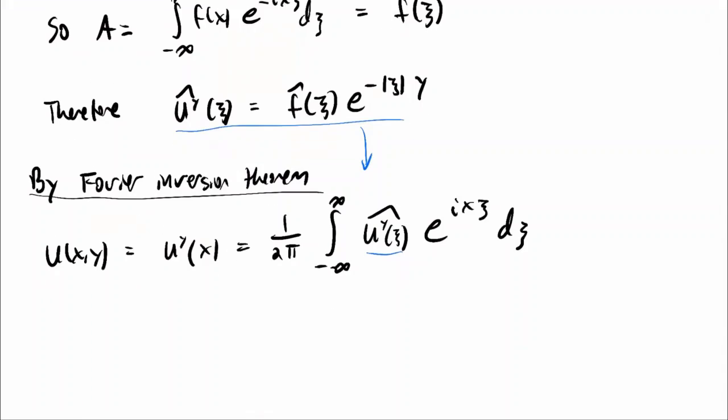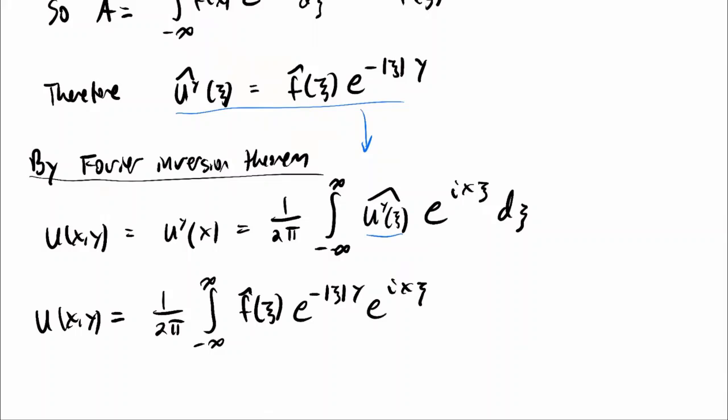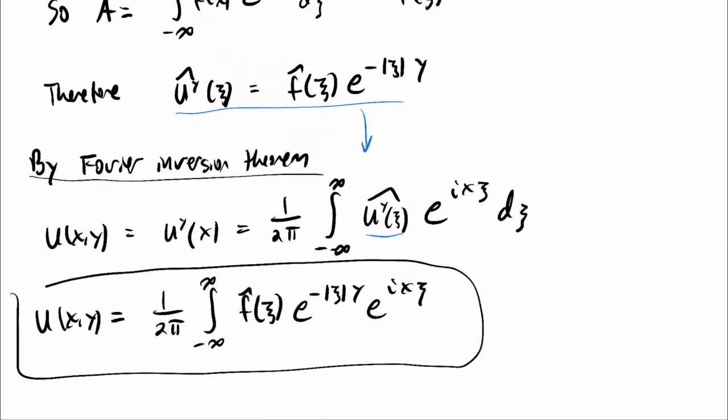Right, and so this tells me now, again using the Fourier inversion theorem, that u of x,y is given by 1 over 2 pi times the integral from minus infinity to infinity of the Fourier transform of f, which is the boundary data, times e to the minus absolute value of c times y, times e to the ixc, right? And so this is my solution to the boundary value problem for the Laplace equation in the upper half plane.